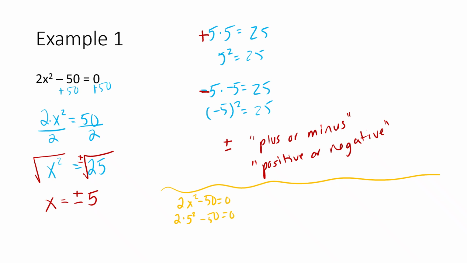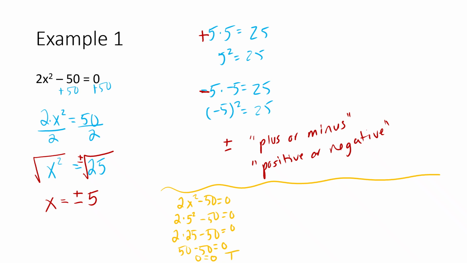Order of operations says we do squaring first. We'll do the exponent first. So 5 squared is 25. And then we do multiplication. 2 times 25 is 50. And 50 minus 50 is 0, and 0 equals 0, which is true.